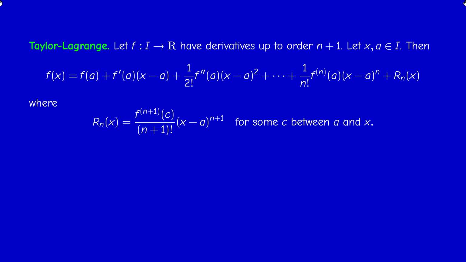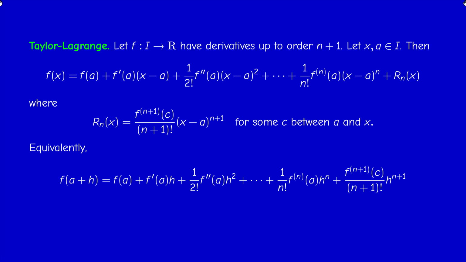The remainder is the n plus 1 derivative at some point c divided by n plus 1 factorial times x minus a to the power n plus 1. Now this is not very helpful if you cannot estimate c, because you just know that c exists. But I'll deduce a consequence. This is actually an exact equality. So we can write f as a polynomial plus a certain remainder.